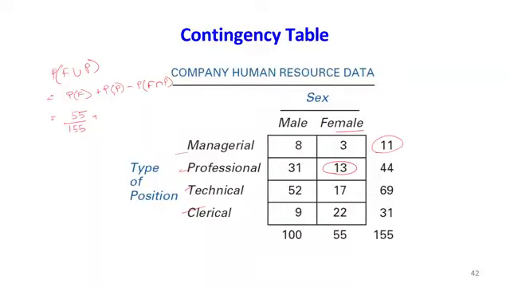That will be 44 divided by 155. Here we are taking the entire count, considering only that event, so my denominator is the overall company size, the overall sample space. Now, what is the probability of F intersection P? That will be 13 divided by 155.